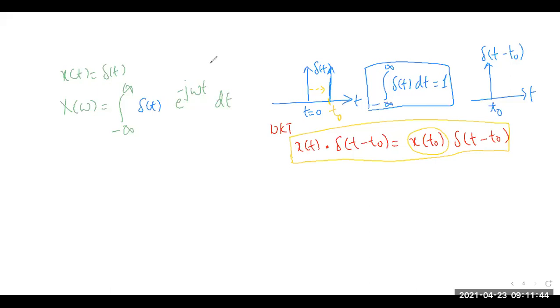Now I can map this e to the power minus j omega t onto this x of t, such that for this delta of t, I'll rewrite it in this fashion. Now tell me, can I rewrite this delta of t as t minus 0?